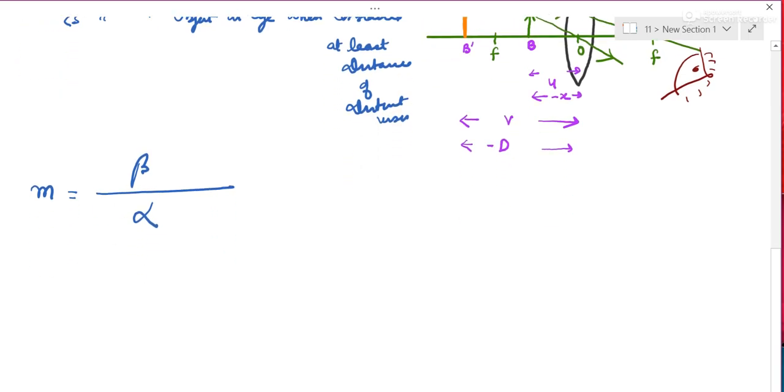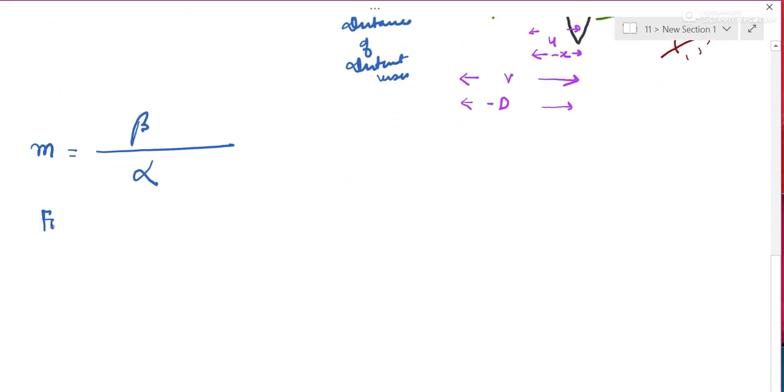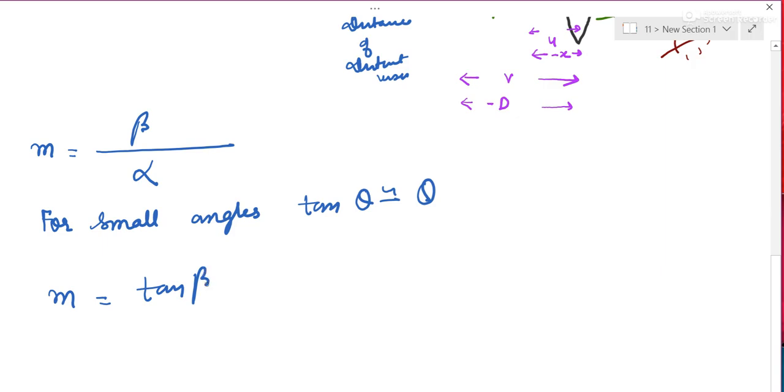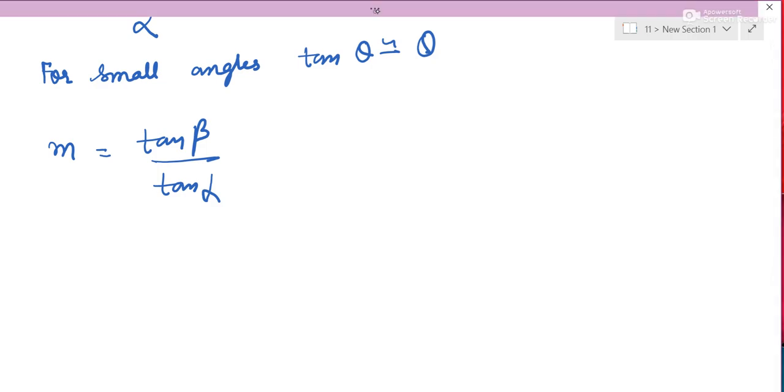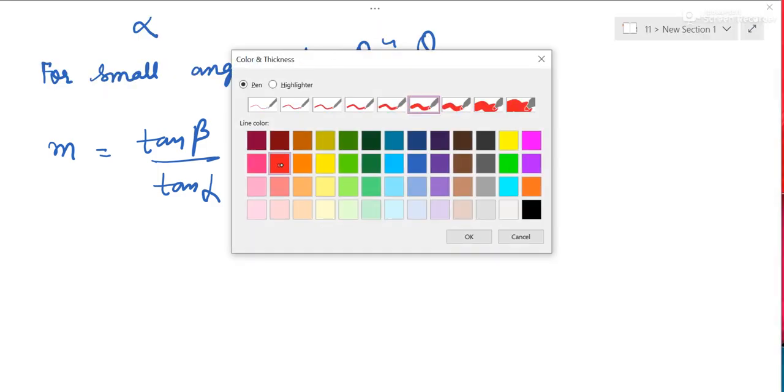Okay. Now for smaller angles, tangent theta is equal to theta. So the magnifying power can be written as tangent beta by tangent alpha. Now we will show where alpha is and where beta is.